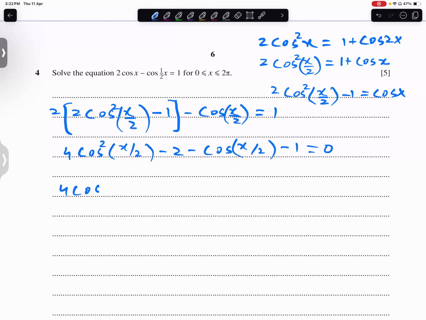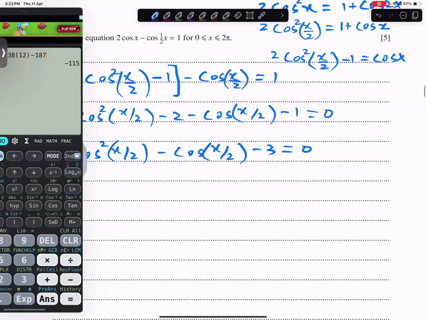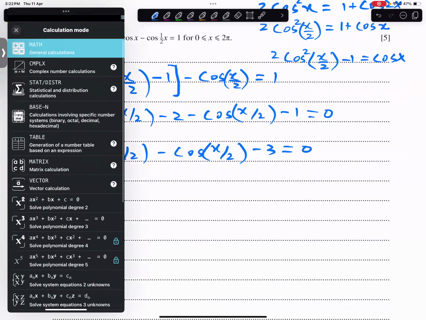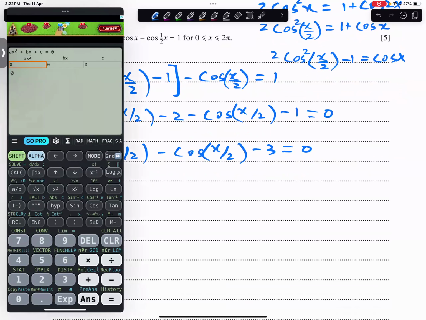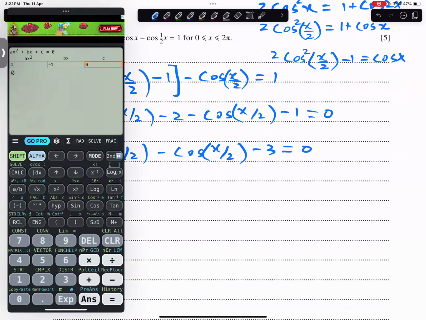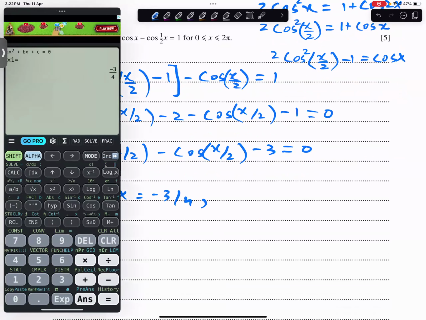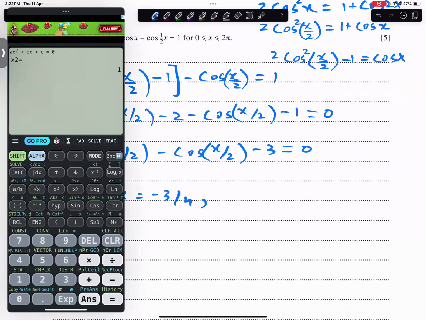So write 4 cos square x over 2 minus cos x over 2 minus 3 equal to 0. Now this is again a quadratic equation. Four, minus 1, minus 3. So first value of cos x will be minus 3 by 4, and second value of cos x will be 1.